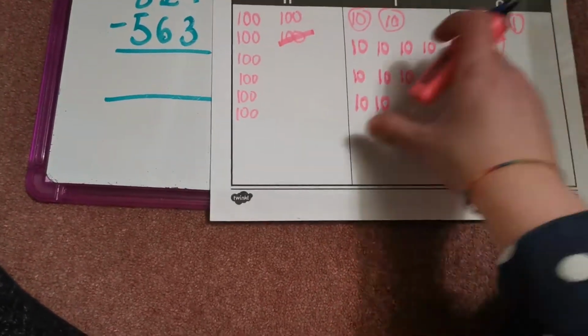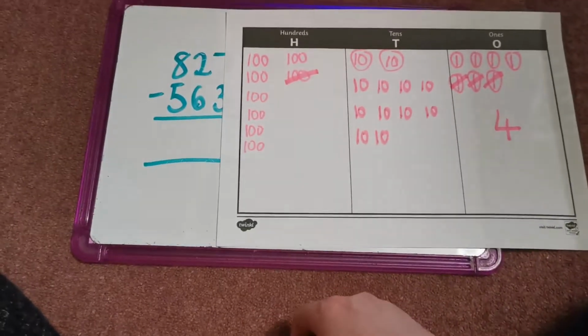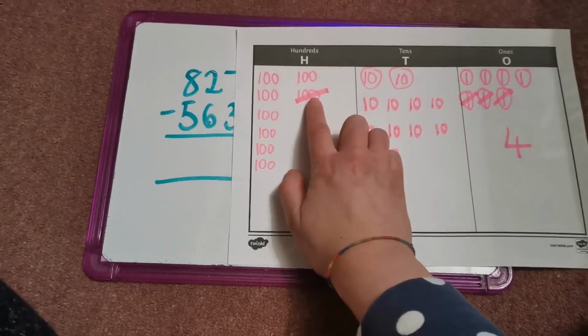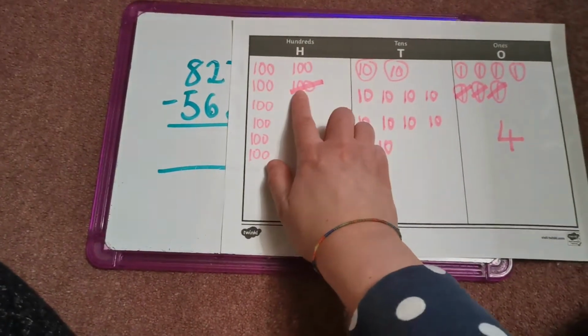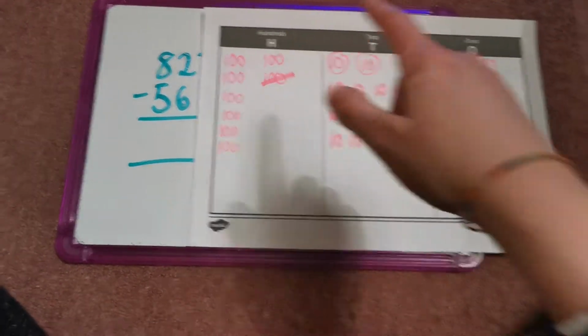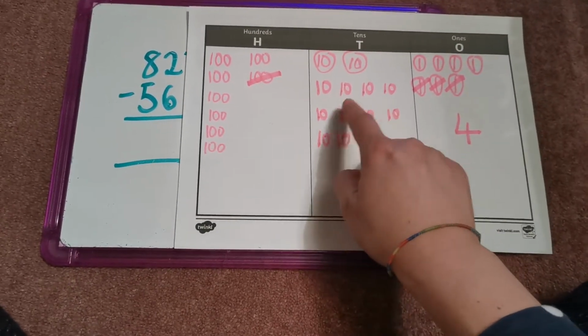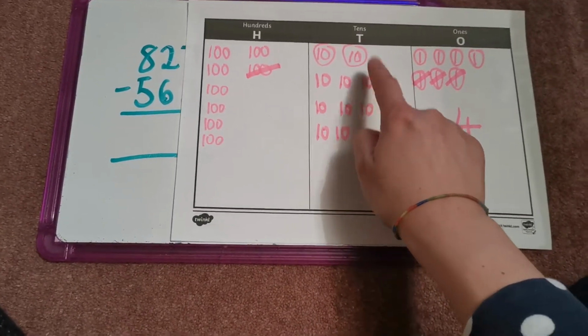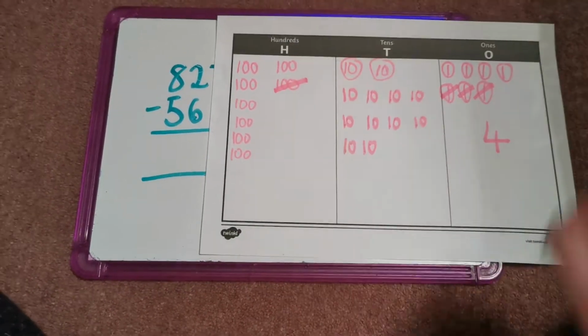When you're writing it out in your written method, which I'll explain in a minute, you must make sure that you cross out the hundreds and say you've got 100 less. Then I've now got 10, 20, 30, 40, 50, 60, 70, 80, 90, 100, 110, 120.